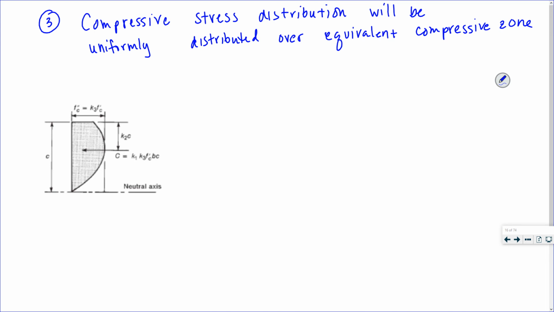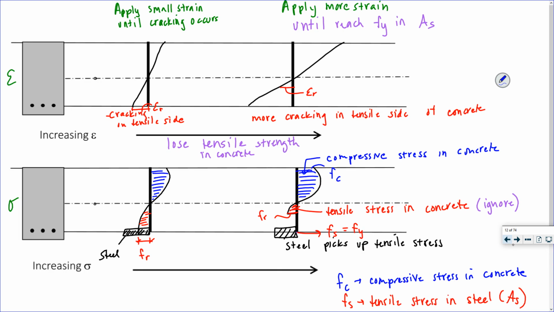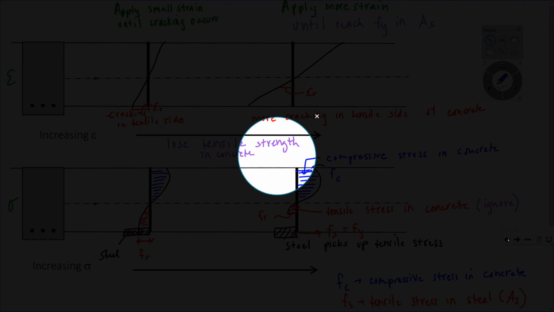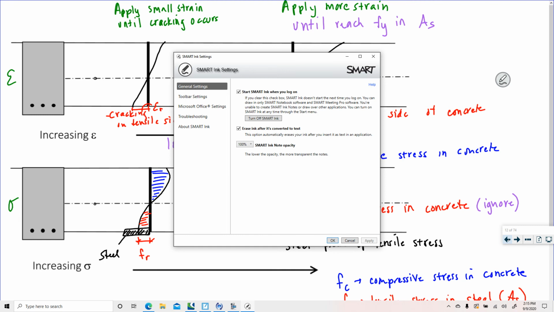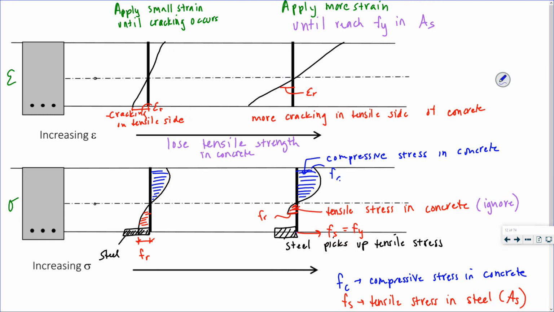And what that means is if we go back here, if you look right here, this is a kind of a parabolic distribution of the stress.